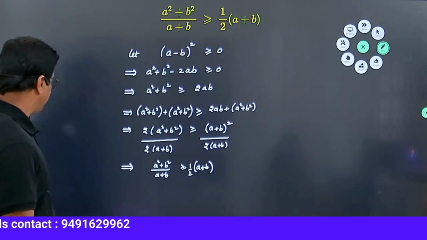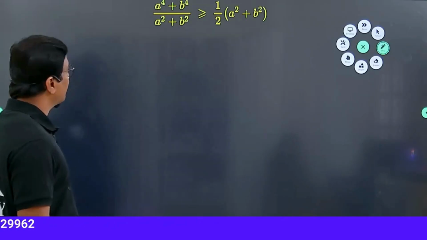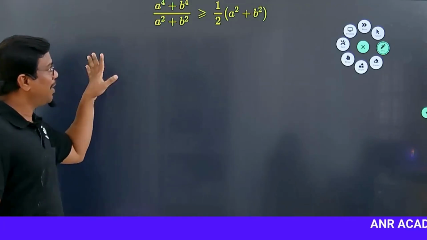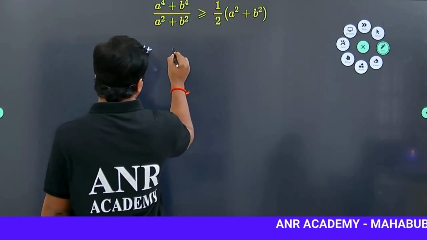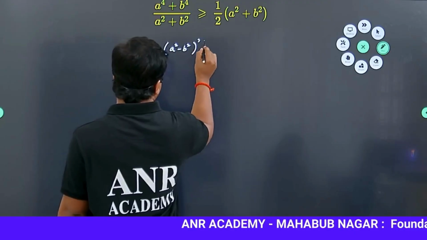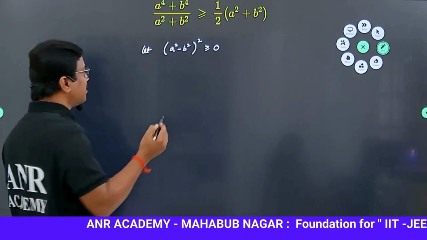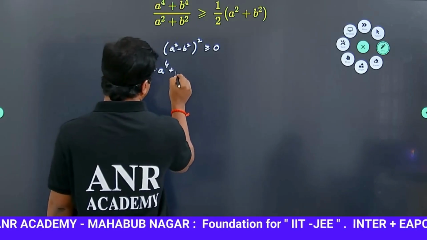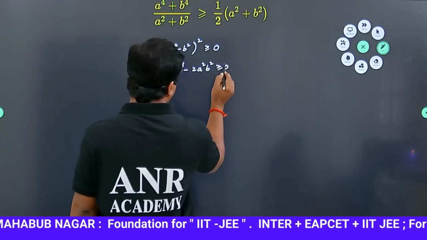Next, (a⁴ + b⁴)/(a² + b²) you have in the left part. So to prove this, let us suppose (a² − b²) whole square, which is a non-negative square quantity. Now expand this: a⁴ plus b⁴ minus 2a²b² is greater than or equal to 0.